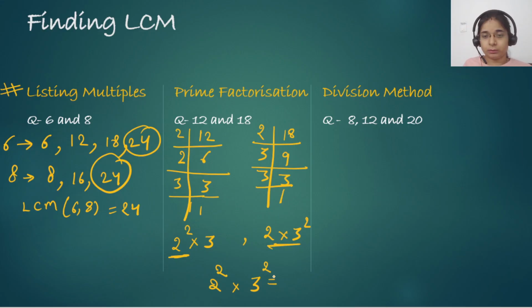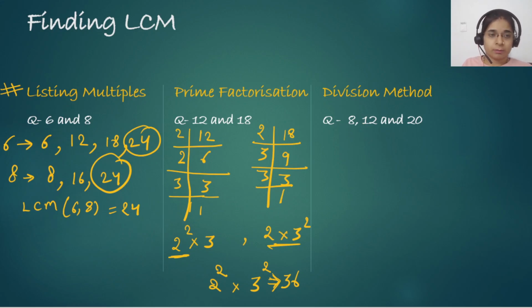So we are going to pick the highest power of each prime factor. I'm emphasizing each prime factor here, which means we can't skip any factor. Now we will multiply: 2 times 2 is 4, 3 times 3 is 9, and 4 times 9 is 36. So 36 is the LCM of 12 and 18.